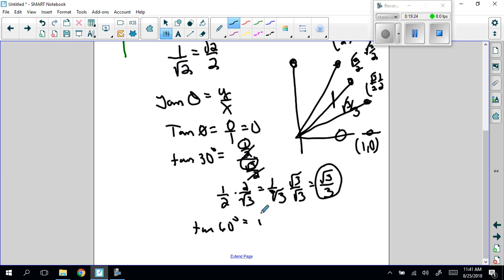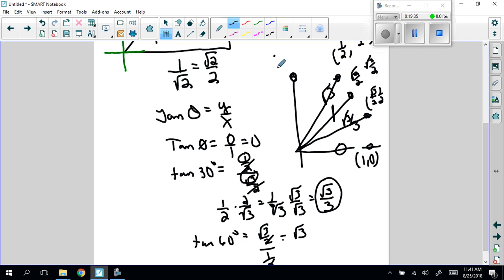So you get the square root of 3 over 2 over 1/2, the 2s cancel, get the square root of 3. And then this point right here, 0, 1, 1 over 0 does not exist. So what we're going to do is go 0, square root of 3 over 3, 1, the square root of 3, DNE on our unit circle. So let's go up.